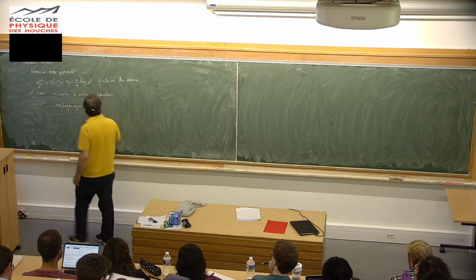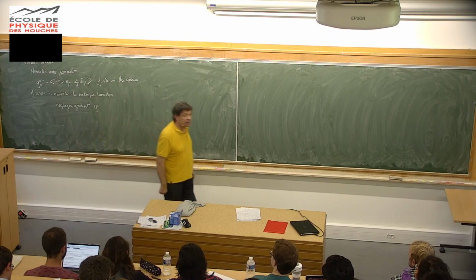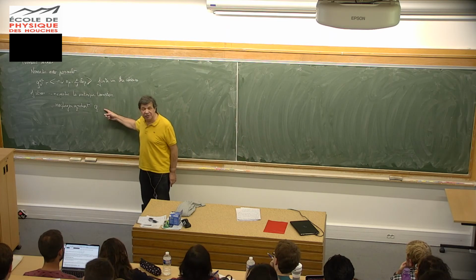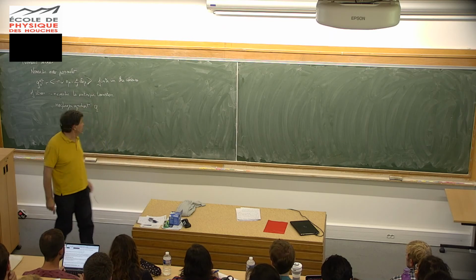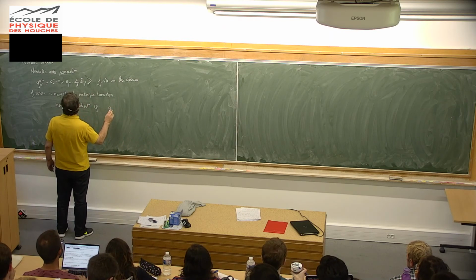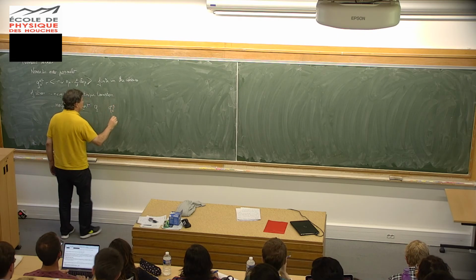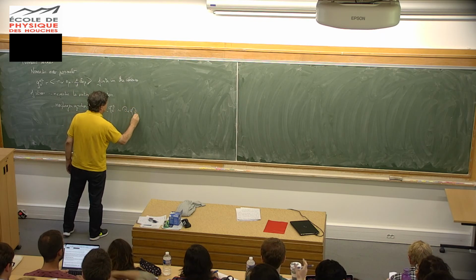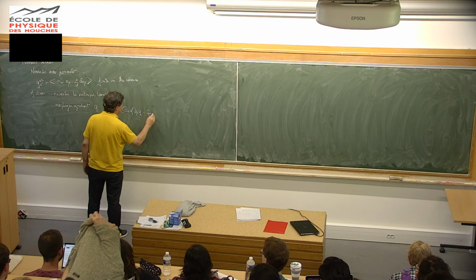If I call phi the local density of morphogen, and if it has a gradient, I can make a tensor with the gradient, and Q alpha beta will be proportional to this tensor. So in this case, I will have Q alpha beta 0, which is proportional to d alpha phi, d beta phi, minus 1/3 delta alpha beta.